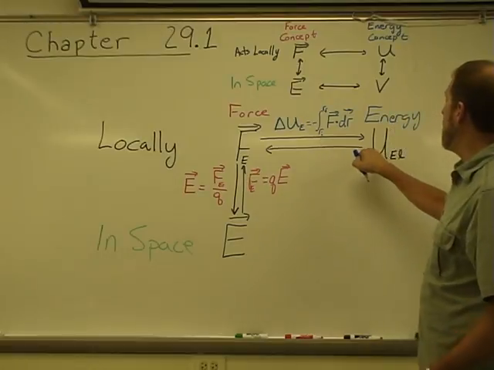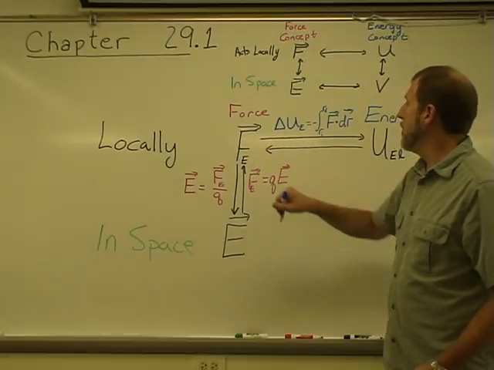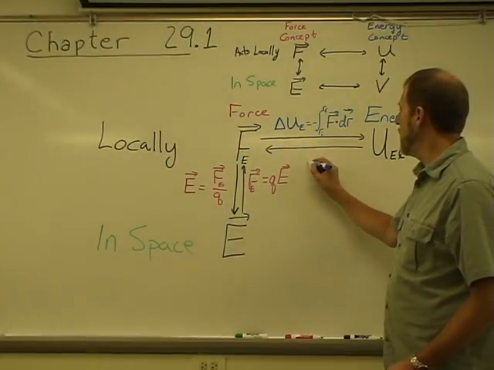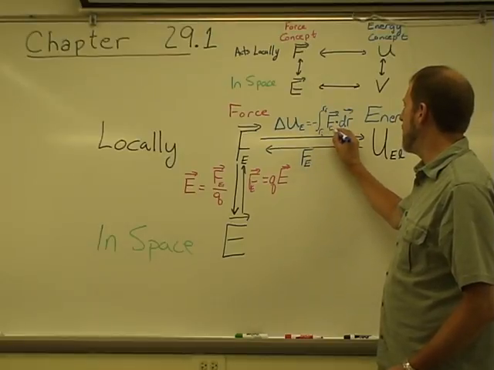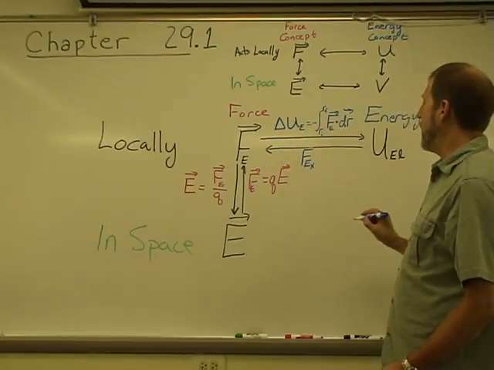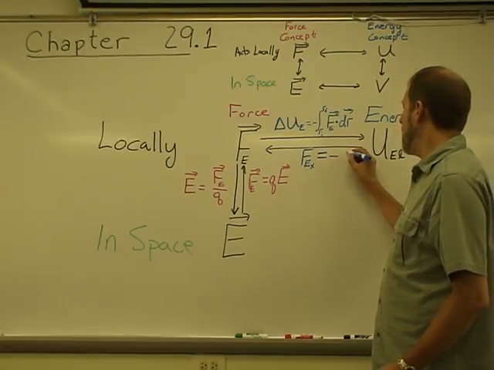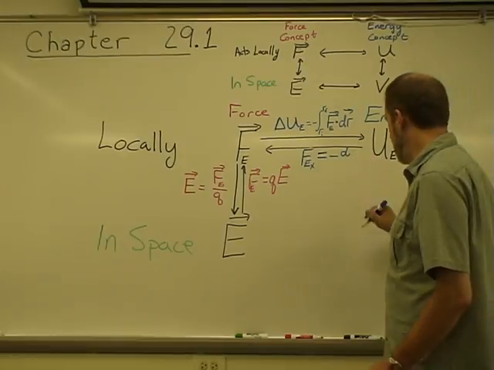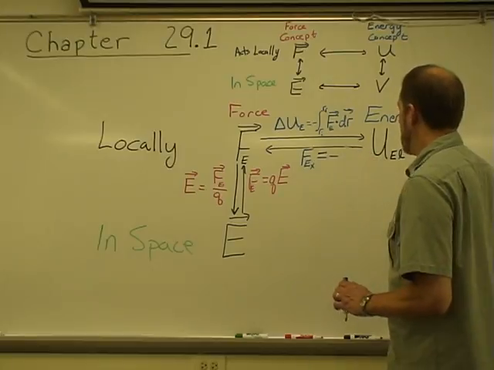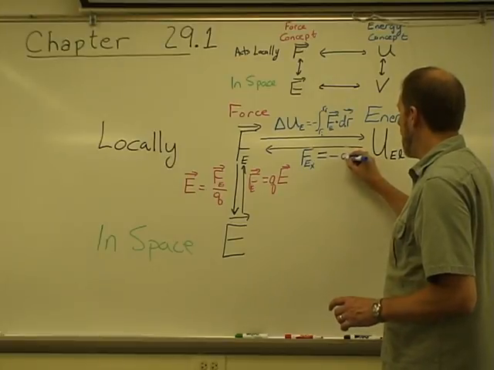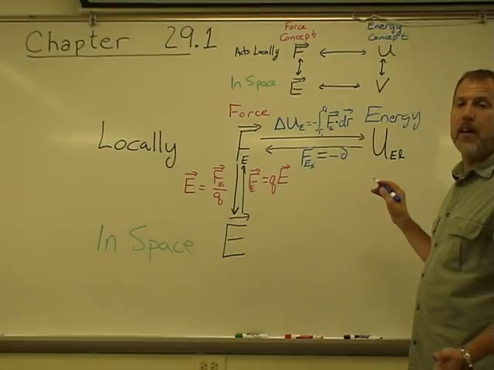Now, if I want to go from the electric potential energy to the electric force, the electric force on some object in the x direction is equal to negative the derivative, actually, I'm writing this as a partial derivative.